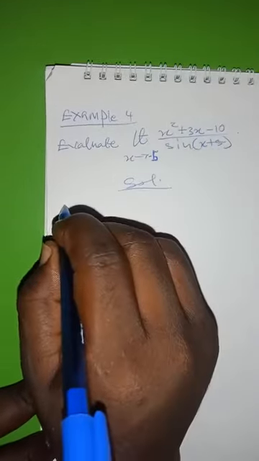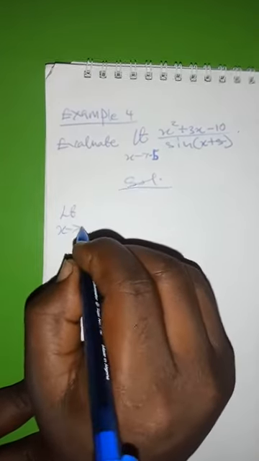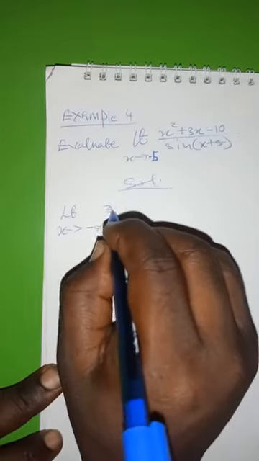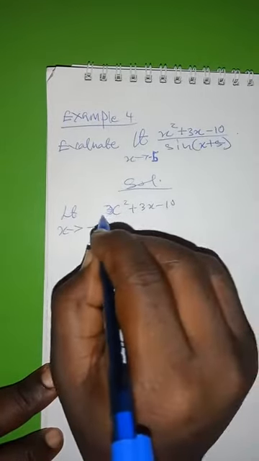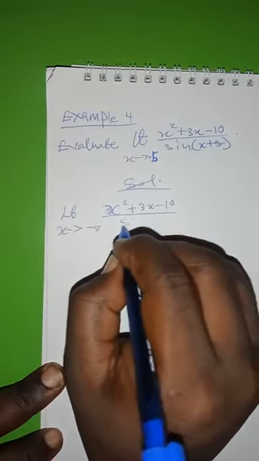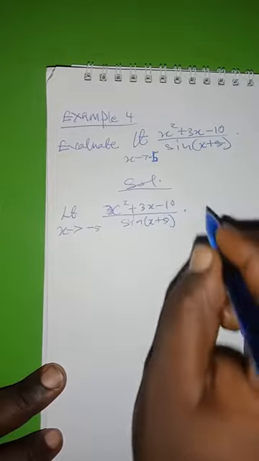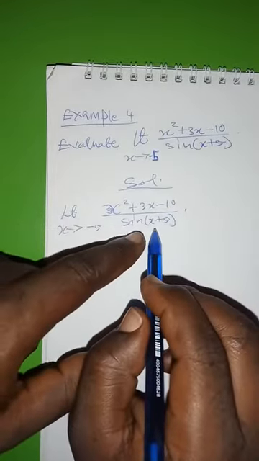So solution. The first idea is to factorize this expression. So we have limit as x tends to minus 5 of x squared plus 3x minus 10 over sine x plus 5. So you know I cannot substitute x is equal to minus 5 for this same reason.